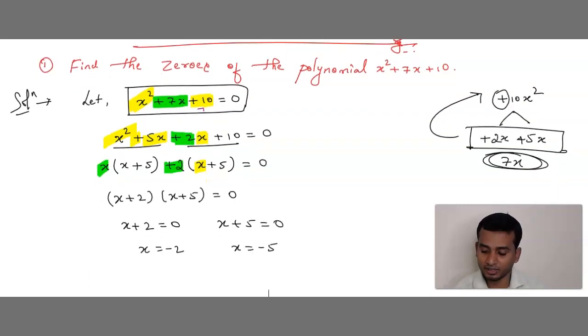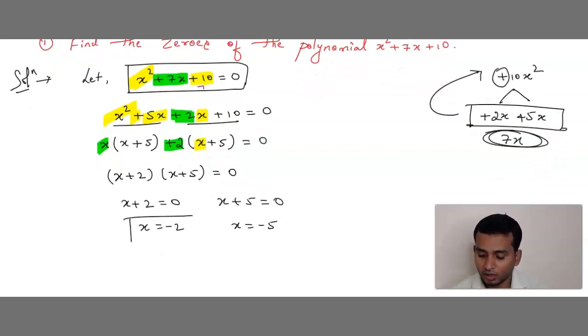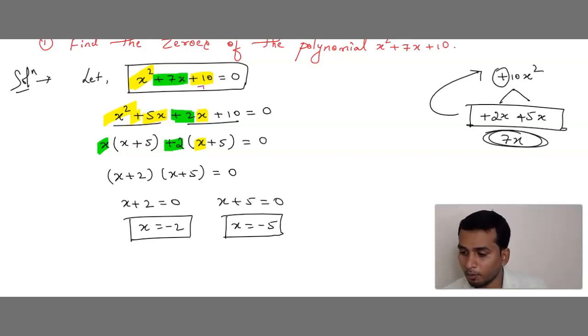This is known as factorization. Understood? So what is the value of x? Minus 2. And what is the another value of x? That is minus 5. Minus 2 and minus 5. Is this clear? Okay. Now what was the question? Find the zeros of the polynomial. Yes.